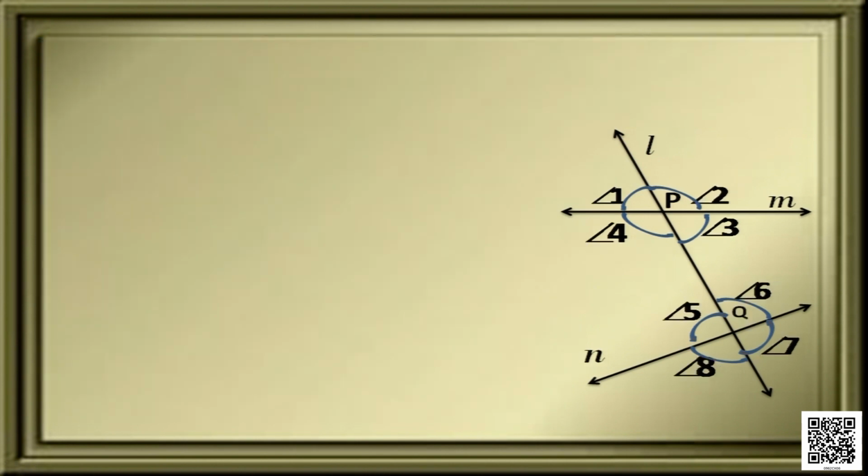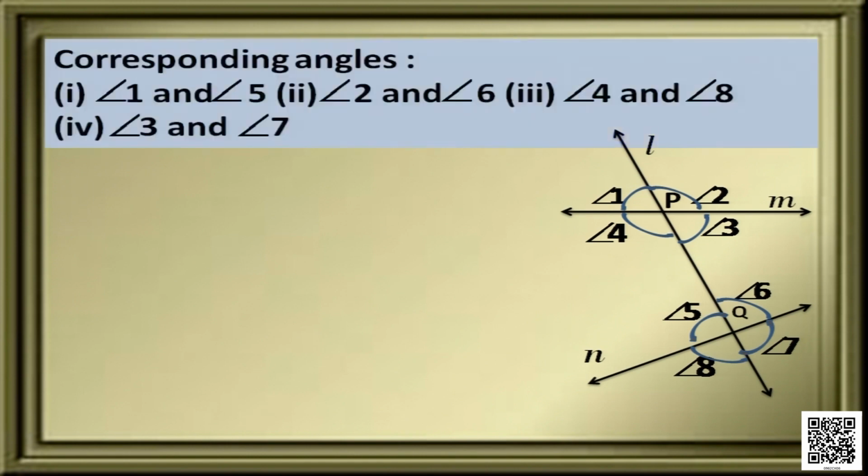Now, from this we have to find what the corresponding angles are. By corresponding angles, we mean angles in the same direction of the transversal and along the same side of the transversal, formed by the line L and the lines M and N. Let's see angle 1 and angle 5. One arm is along this line and the other arms are to the left of this line.